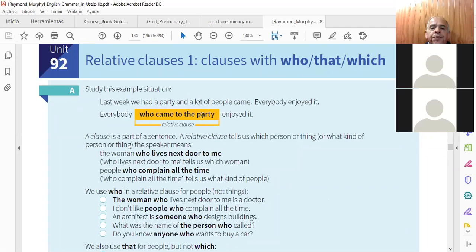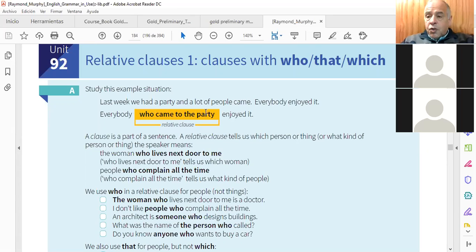Last week we had a party and a lot of people came. Everybody enjoyed it. Continue. Everybody who came to the party enjoyed it. That's the relative clause. You could say everybody enjoyed it, but in here, this is a clause because a clause has a subject, a verb, and a complement.